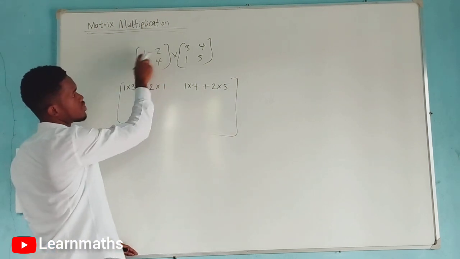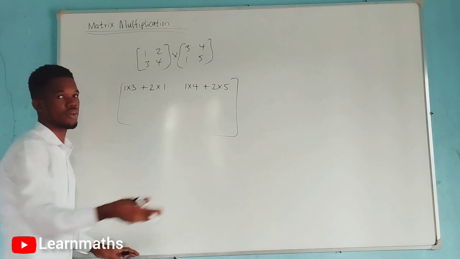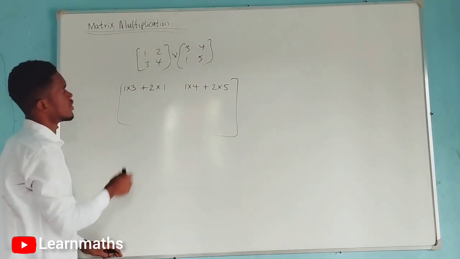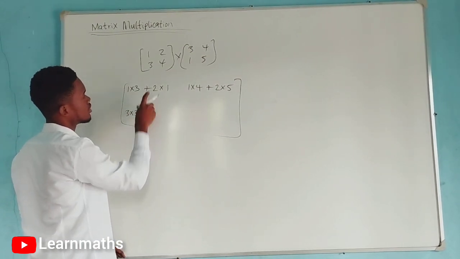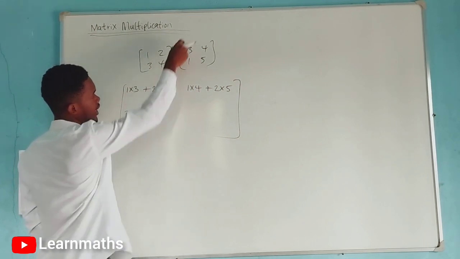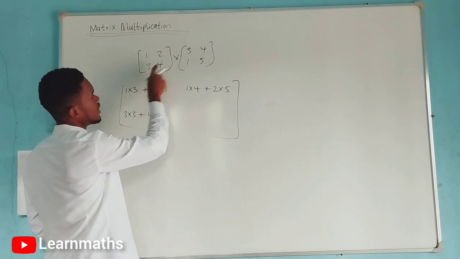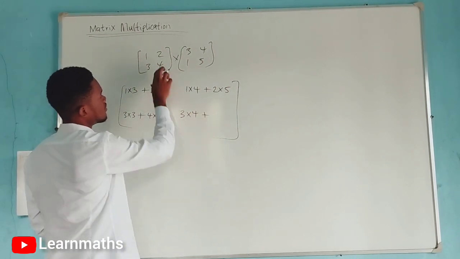Now we've used this first rule to multiply the two columns on this matrix. Now we're going to use this second rule on this other matrix. So we're going to have 3 times 3 plus 4 times 1. Now that's for this times this. Now let's look at this times this: 3 times 4 plus 4 times 5.